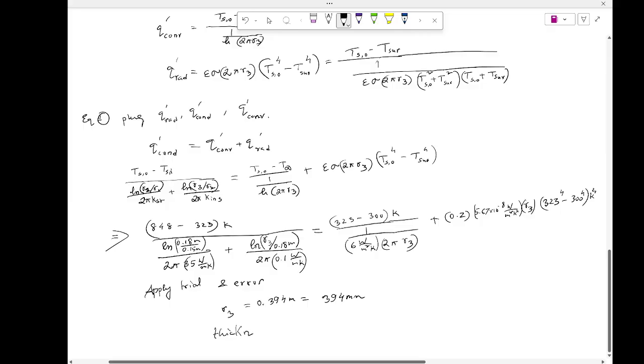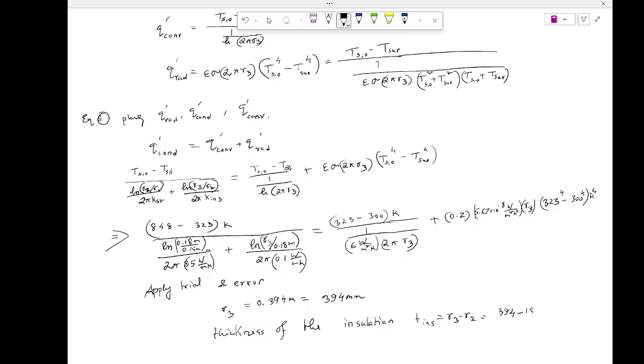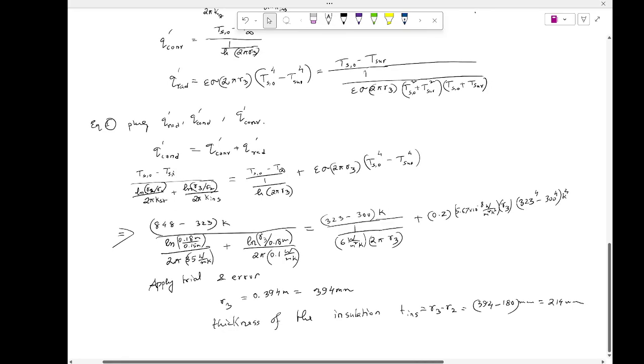So thickness of the insulation, T insulation, is equal to R3 minus R2, which would be 394 minus 180 millimeter, which would be 214 millimeter. So that's what we're trying to find.